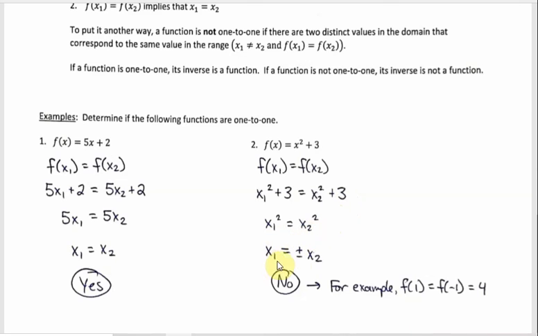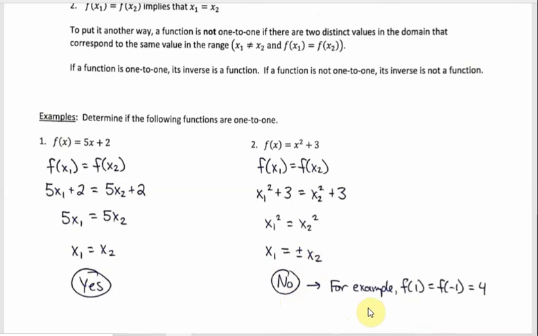They could be additive inverses of each other. So x1 could be x2, but you could also have that x1 is negative x2. Because like 6 and negative 6, you square either of those, you're going to get 36. So this one is not going to be a one-to-one function because x1 doesn't have to be equal to x2. It could be something else, more specifically the negation of x2. So that one's a no.